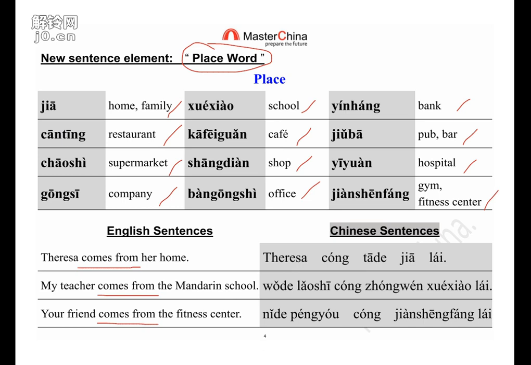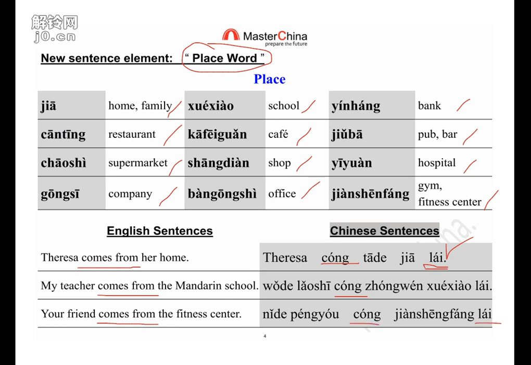Okay, so let's translate this sentence: Teresa 从她的家来. Even like somewhere you can add yourself. 我的老师从中文学校来. So 从 first. That's action 1. 你的朋友从健身房来. Same. 来 is the second action.